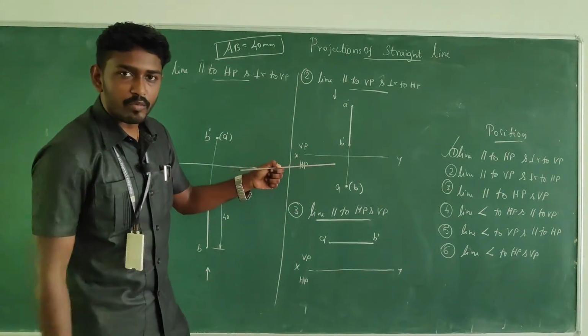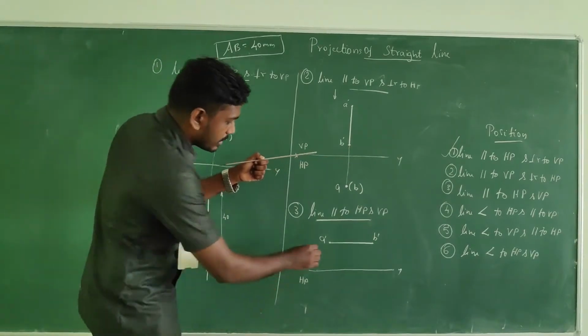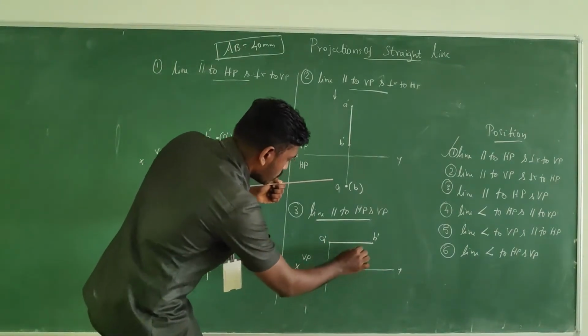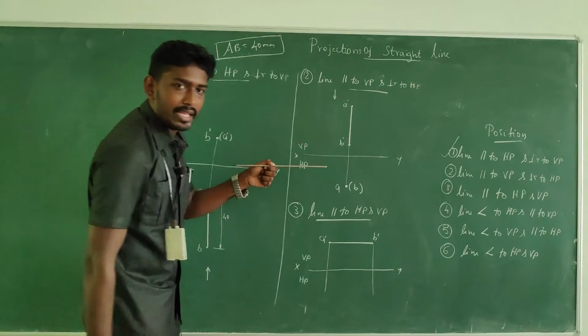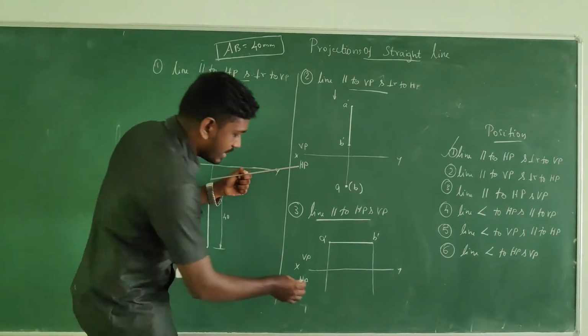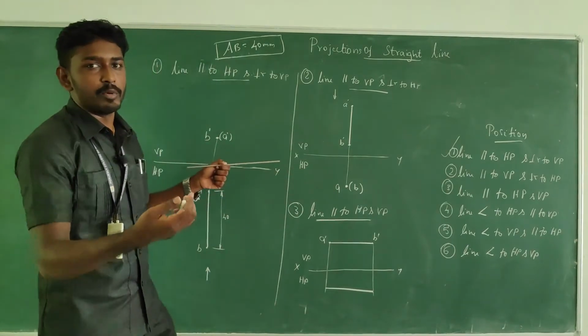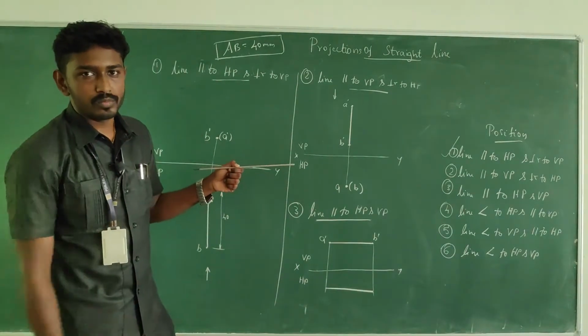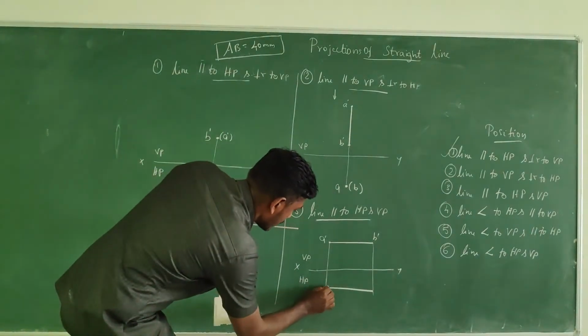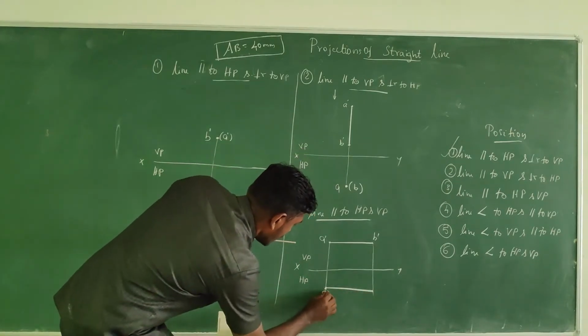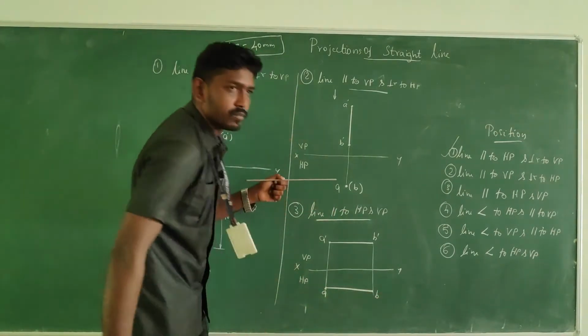How will you mark the top view? From both ends, drop the projector lines. If you draw a horizontal line between the projectors, you can trace the top view. So this end is A and this end is B.